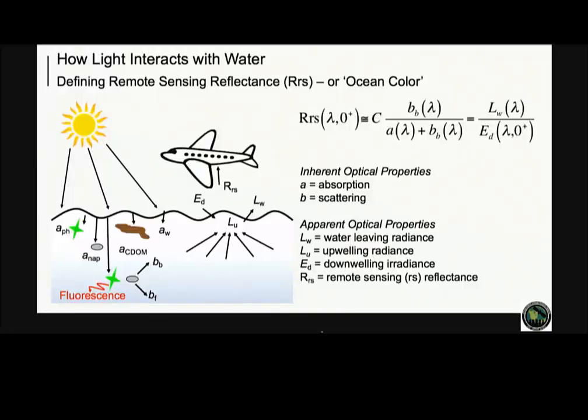And then from the satellite or airborne sensor, we can derive remote sensing reflectance from the air. By relating these two different measures of remote sensing reflectance, we can begin to develop algorithms for estimating things like turbidity and chlorophyll.